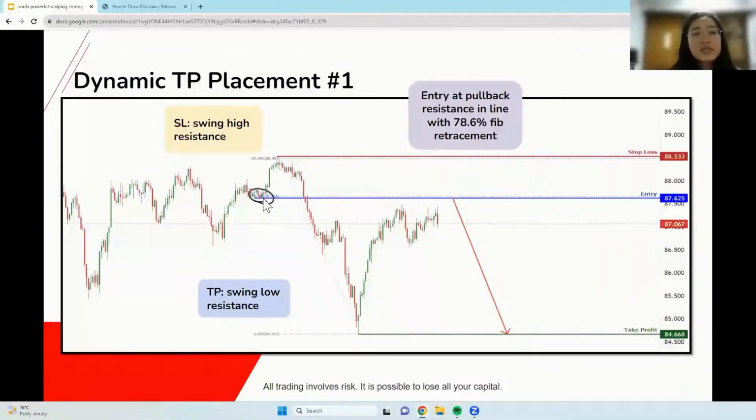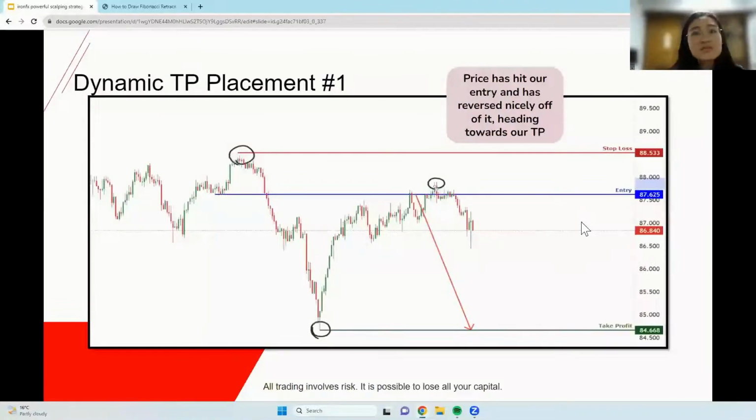Entry is at this swing low support that's turned into a pullback resistance level. Okay, and this level is also in line with the 78.6% Fibonacci retracement. So price hits our entry really nicely and reverses off of it and moves towards our take profit.